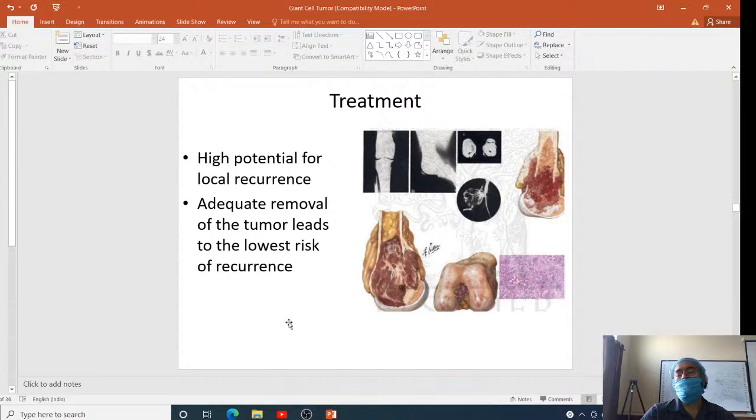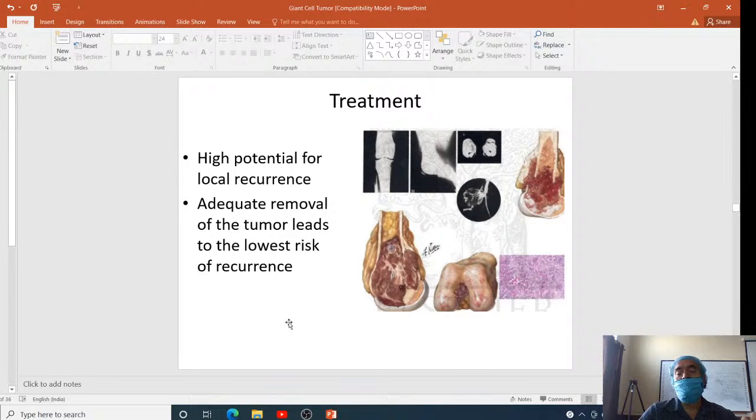Every January, the patient comes and visits me with her latest set of X-rays, and I compare all the X-rays and examine the patient clinically. I look for any swelling, any tenderness, any joint dysfunction, and I compare the X-rays to see whether the tumor has recurred or not. And I am very lucky, and the patient is very lucky, that it didn't recur in these 15 years. So recurrence rates are very high in these GCTs.